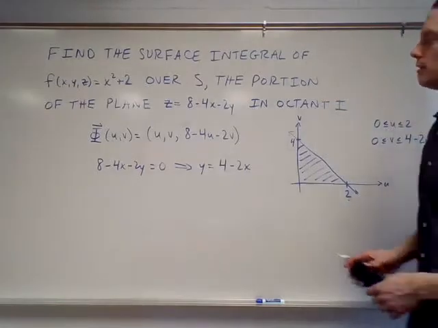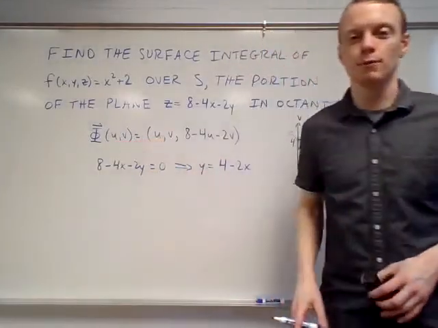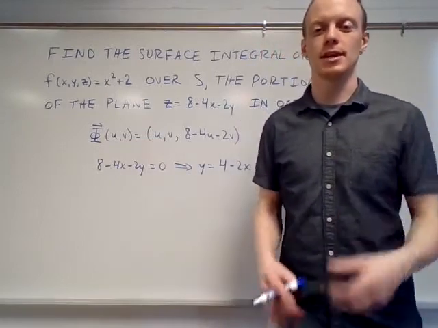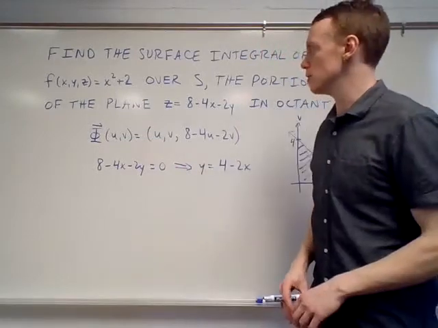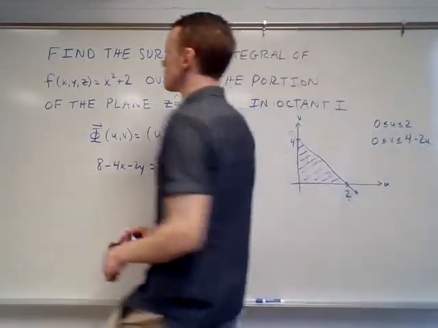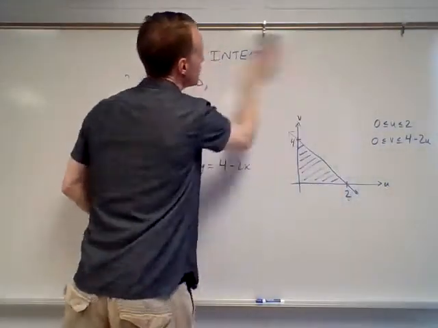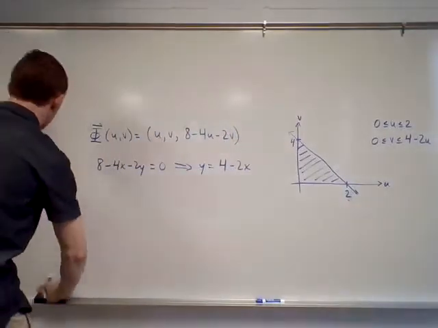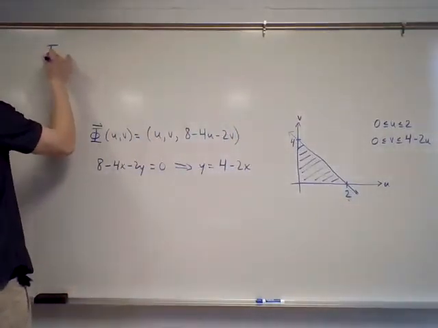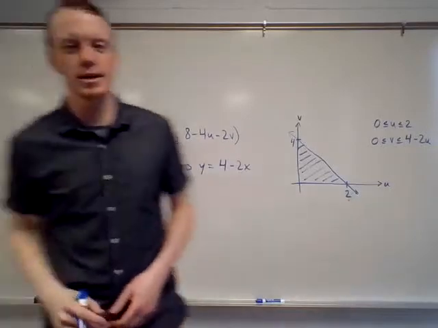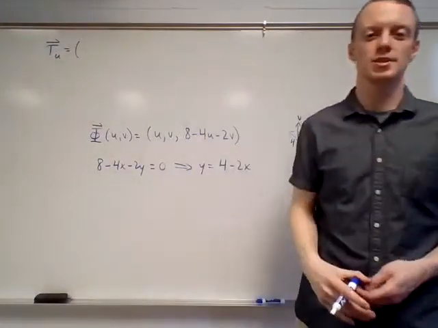I'm going to find the partial of capital phi hat with respect to u and with respect to v, and then I'm going to take the cross product of those two vectors. In this case, we come up with some pretty nice tangent vectors.